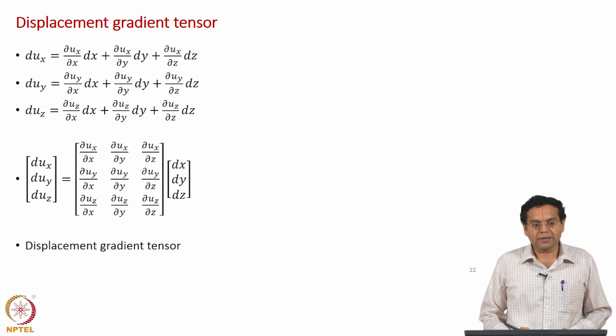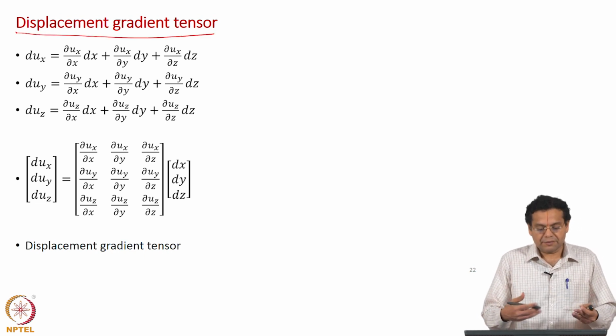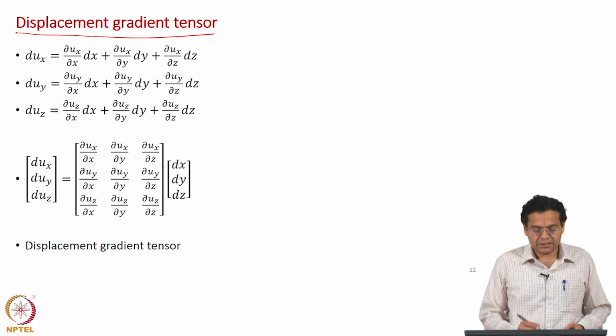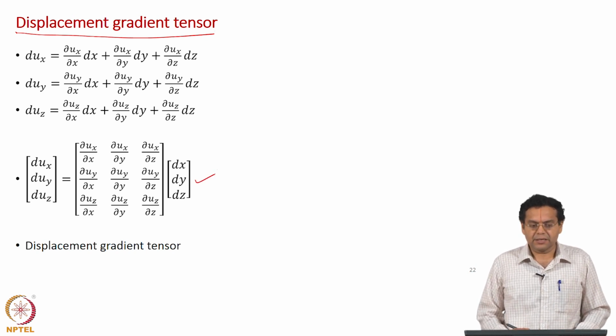The previous slide and this slide are the same, only the title is different, because the way in which we arrived, this is the first way, what we have done right now is the second way. Both result in the same matrix equation, or same set of equations, in two different ways.